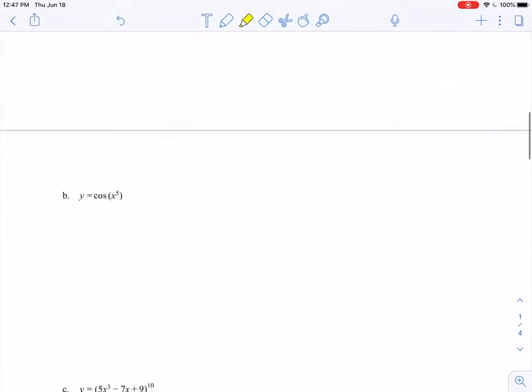So notice this one's slightly different. Earlier, if you scroll back up, we had y equals cosine to the fifth of x. Here I have cosine of x to the fifth. They look really similar, these two functions, but they're not the same. And I did that intentionally just to show that, hey, if we tweak our function just ever so slightly, that inside function can change.